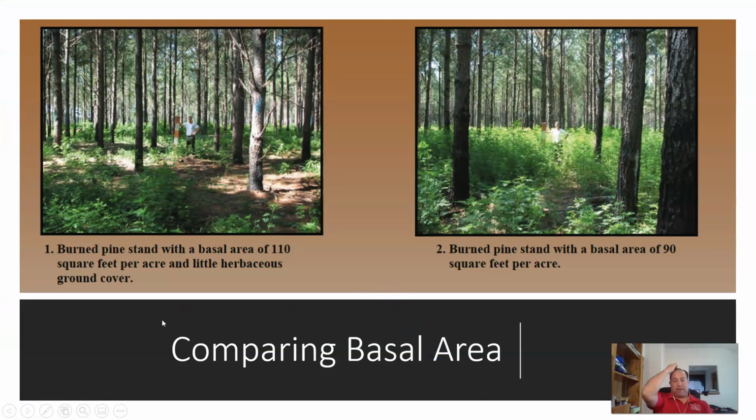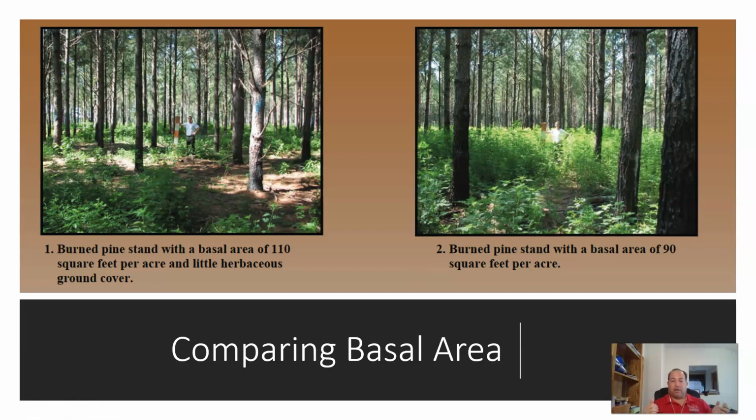Well, the big thing is getting everything on a per acre basis, so that we can say things like, in this picture on the left, a burned pine stand with a basal area of 110 square feet per acre and little herbaceous cover, versus a burned pine stand with 90 square feet per acre. You can see the difference in the herbaceous cover because of the difference in light that can come through the canopy.